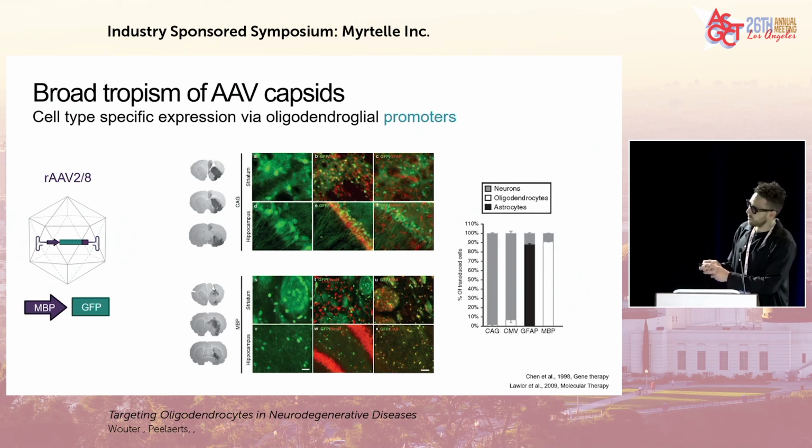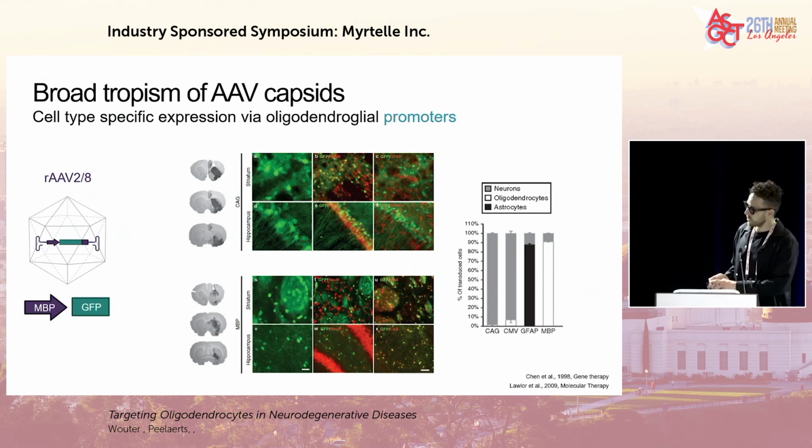You can see expression restricted to neurons by using the CAG, a constitutive promoter, but by switching to an MBP promoter, you can see expression in the striatum in different types of oligodendrocytes within that area.